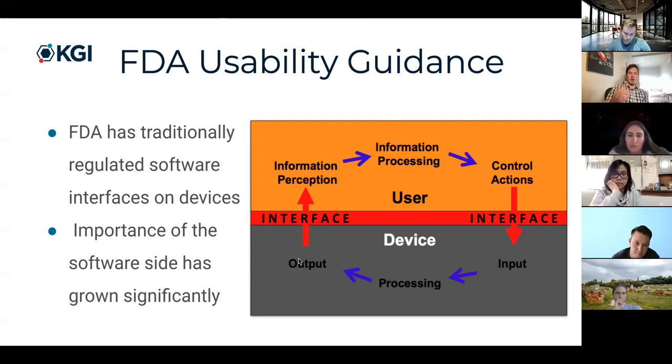That might be a heartbeat that it outputs into a beats per minute metric. Now, there's an interface that enables the user to perceive that output, and then they might process that output into something they take action on that feeds back into the device. So there's this constant interface between the user of the device and the device itself. Any questions about how this graph works?